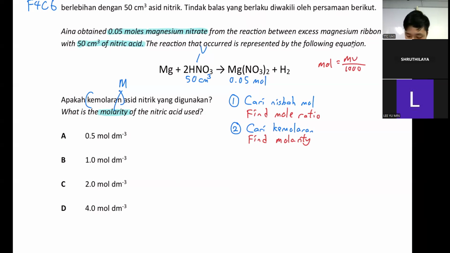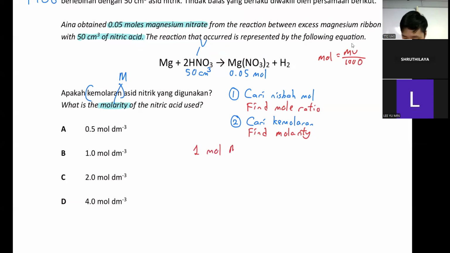But first step, ratio magnesium nitrate to nitric acid. So you see, what is the ratio here? 1 mole of magnesium nitrate to 2 mole of nitric acid.